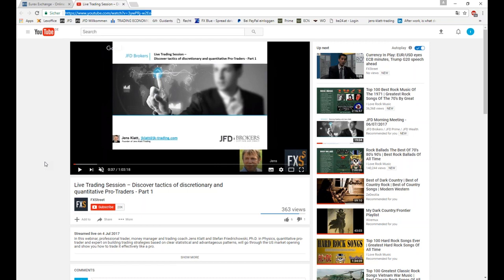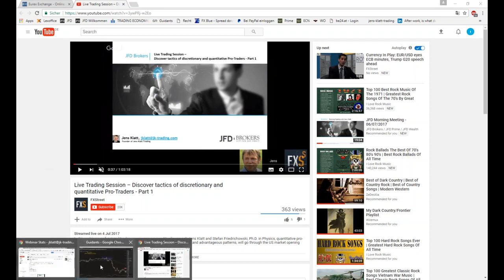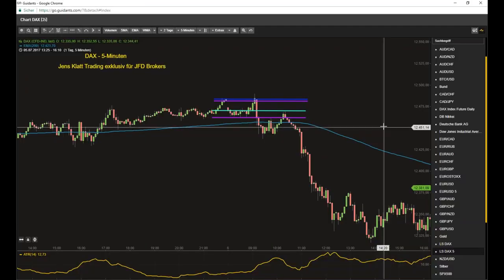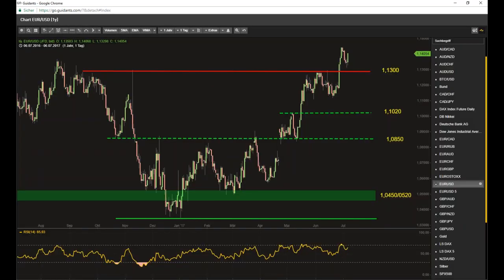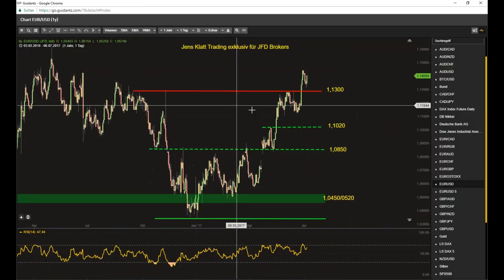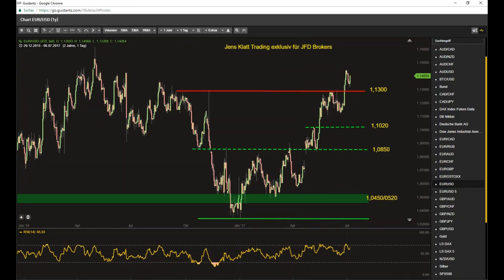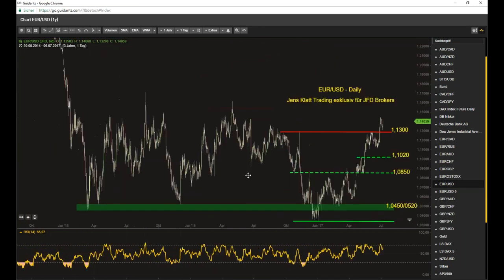And then there was a period when the euro started to behave in a way which didn't fit the strategy anymore. It's something I can show you. Let's look at the Euro USD. Where is it? No, here. Oh, pushing above 1.14 now. Crazy. So what happened?